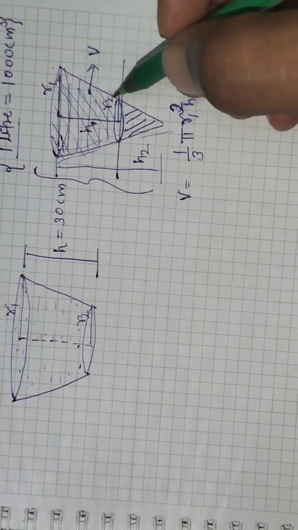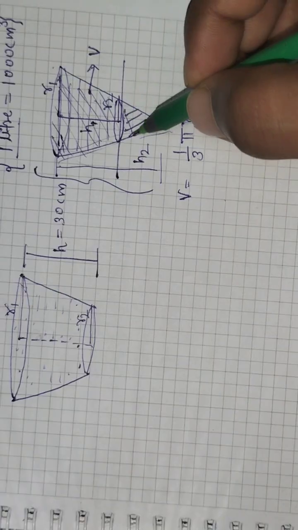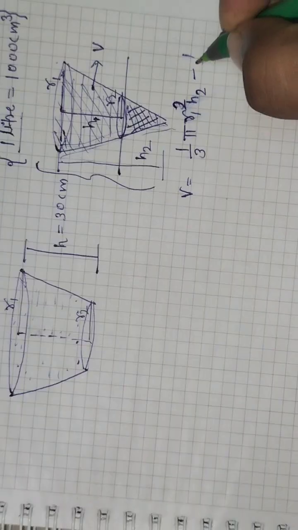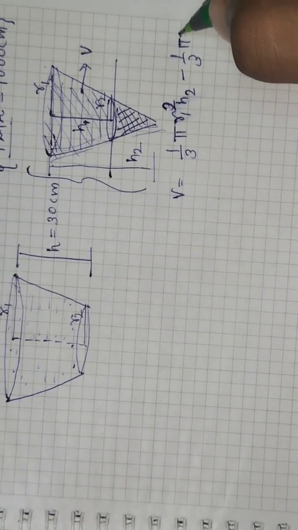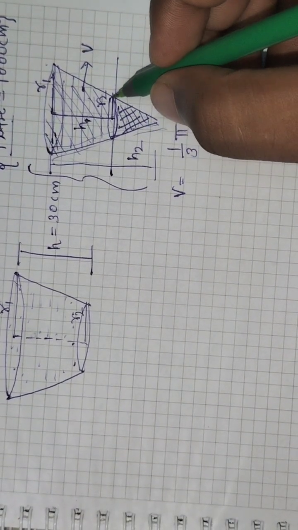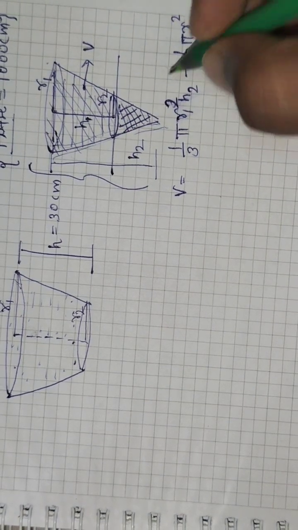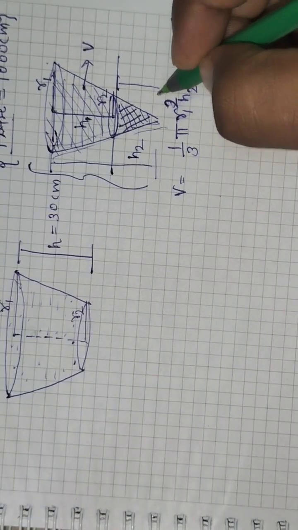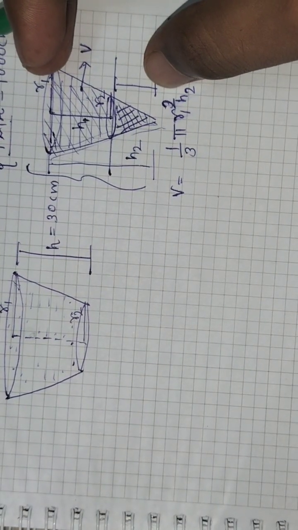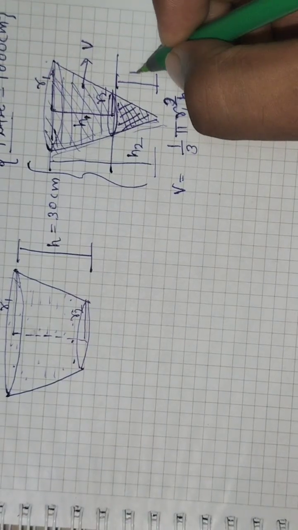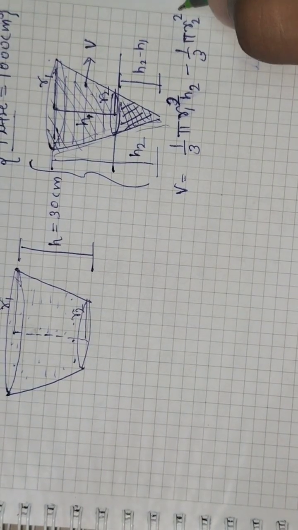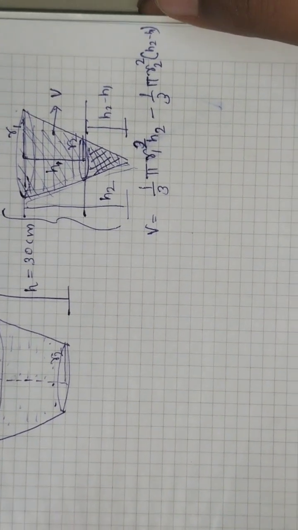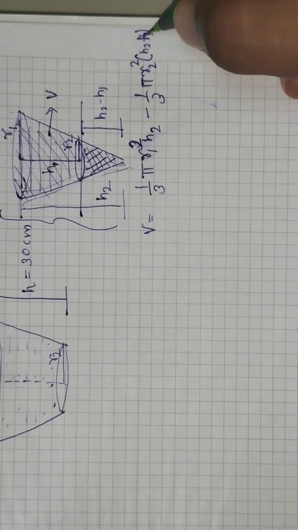Minus, and we are removing this volume, so we consider 1 by 3 pi. Guys, this cone has radius r2 and height h2 minus h1, since the total height is h2 and this height is h1. So here we put h2 minus h1.